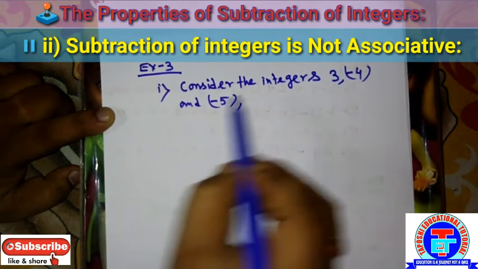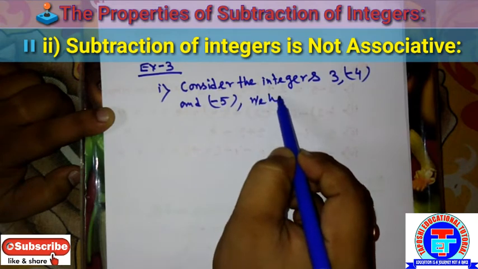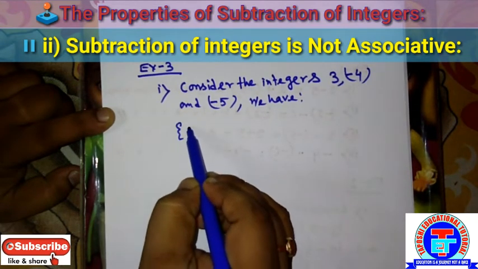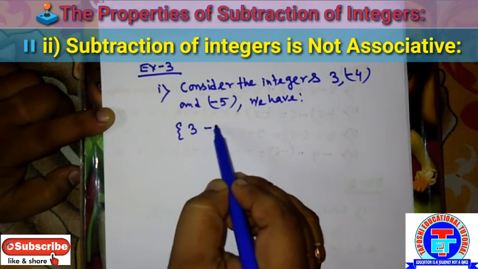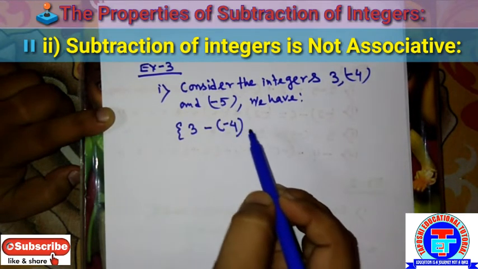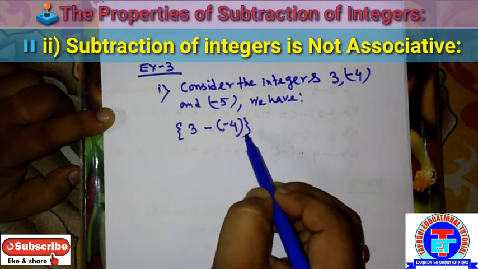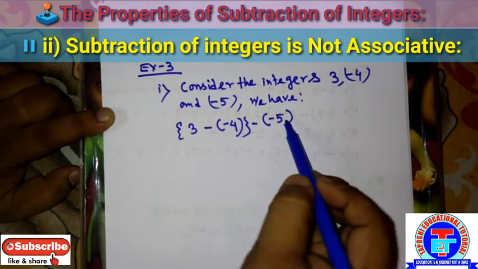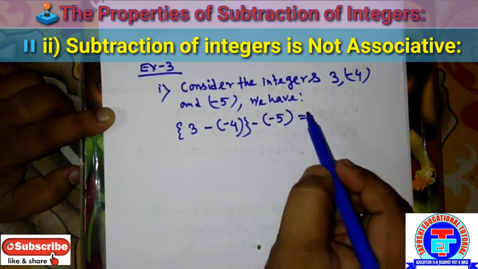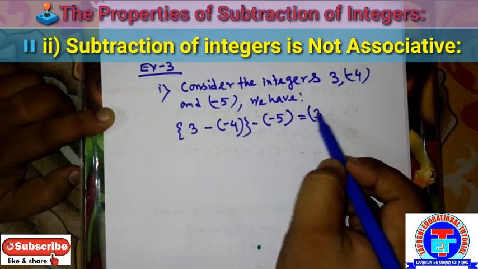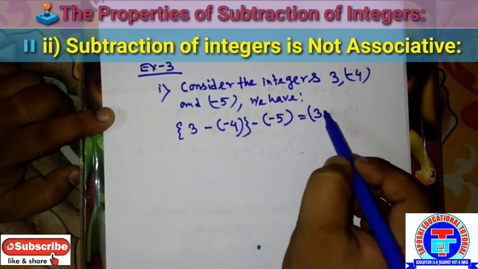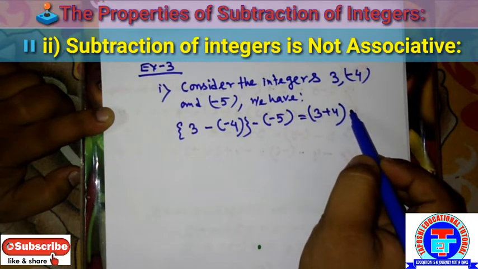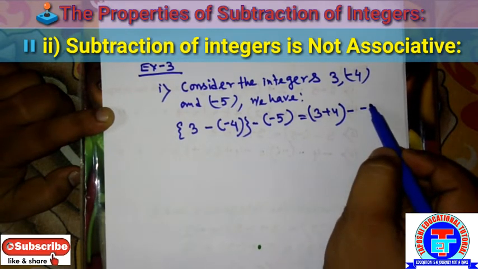Okay, we have curly bracket 3 minus 4, close the curly bracket, minus 5 is equal to 3 plus 4, right, and minus 5.